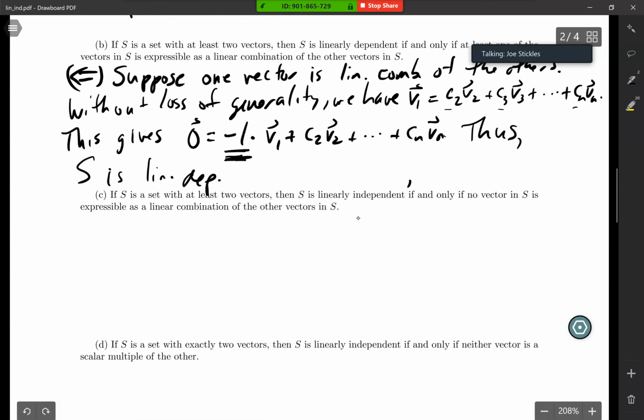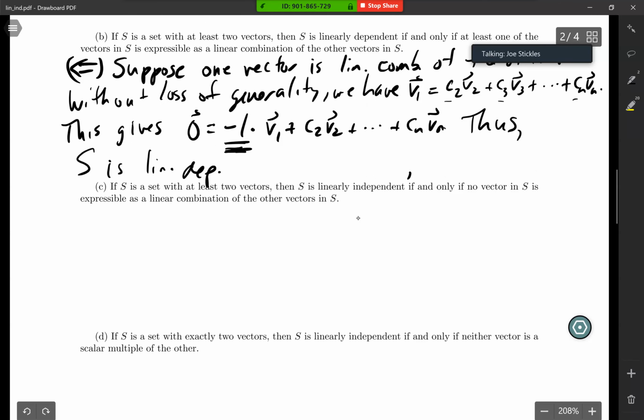Now let's think about D along the same lines here. Instead of having at least two vectors, we have exactly two vectors. So it says S is linearly independent if and only if neither vector is a scalar multiple of the other. But let's think about it in terms of being linearly dependent.